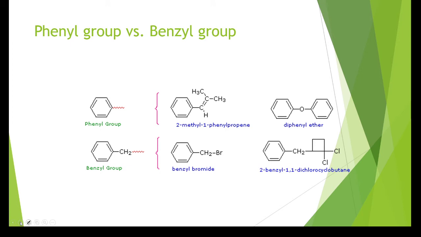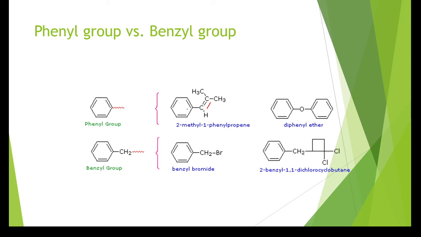Okay. Now, how do I know whether, if my benzene ring is a side chain, it could either be written as a benzyl or a phenyl group. Okay? It's a phenyl group if it's directly bonded to the chain. As you can see here, I do have a double bonded chain right here. Okay, right here.